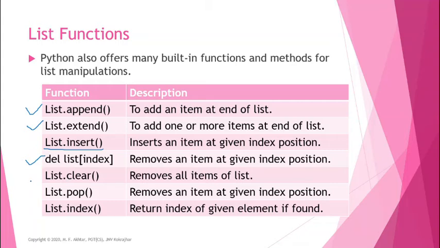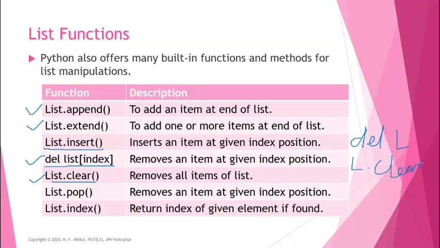The clear function is used to remove all the elements from the list and makes the list empty. Empty means the list will exist, but it becomes empty if we use the clear function. In case of del, suppose we give del l, and another time we give l.clear.